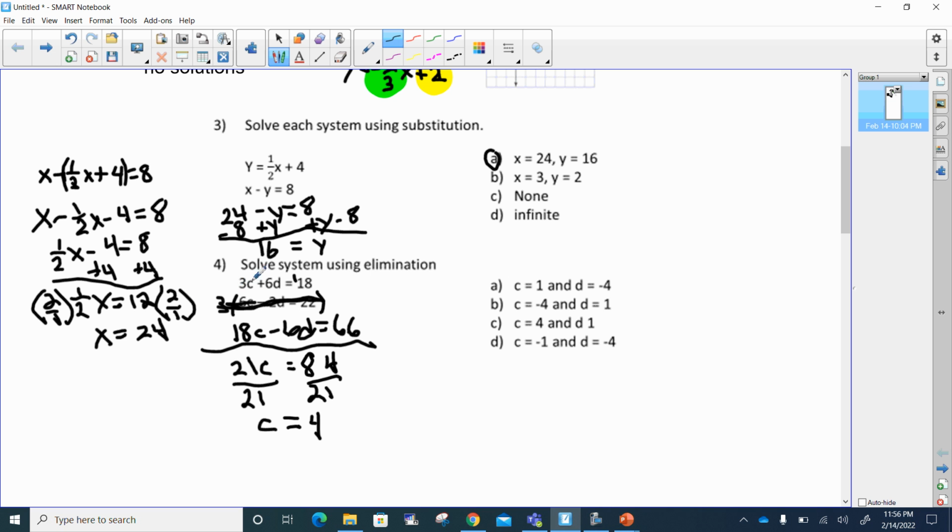If c is 4, then 3 times 4, that's 12. Okay. And let's see, plus 6d. We're still adding 6d here. And then equals 18.